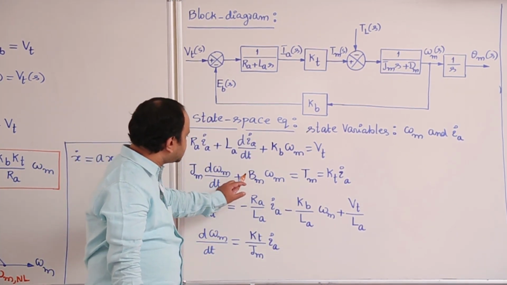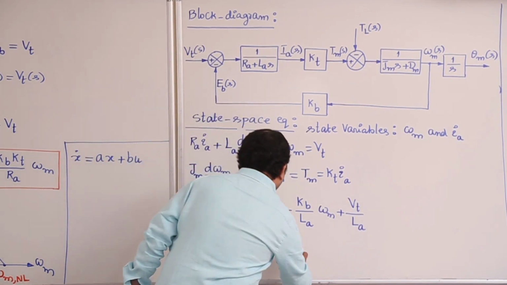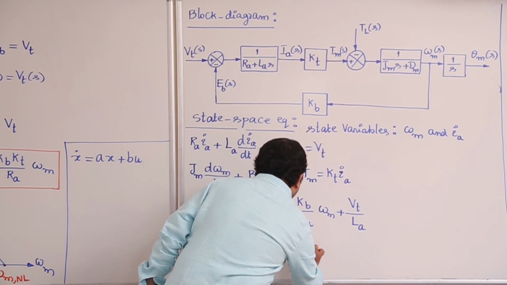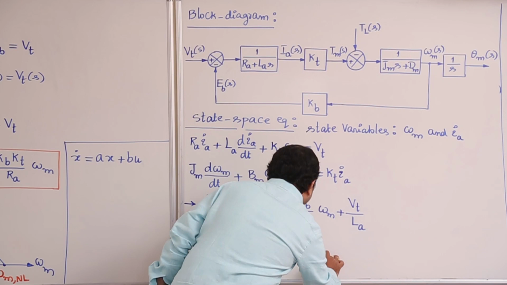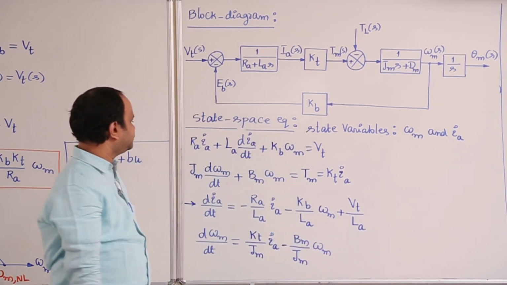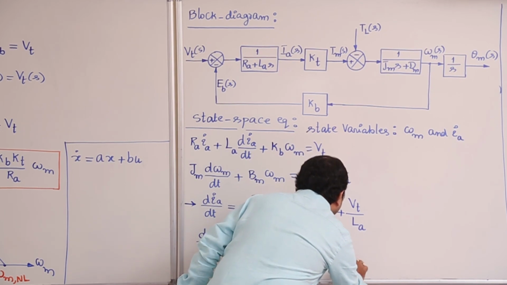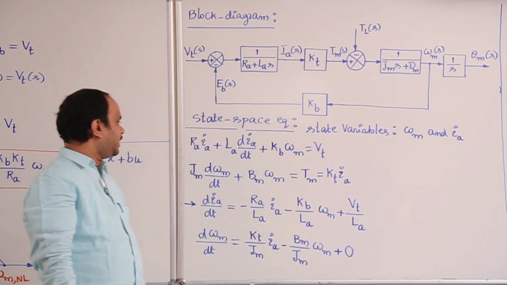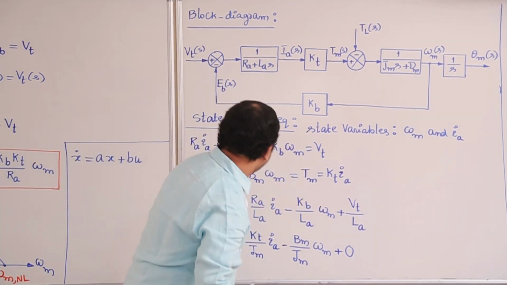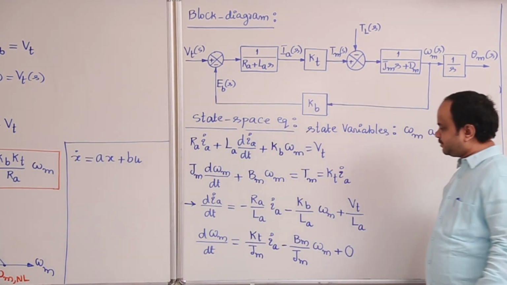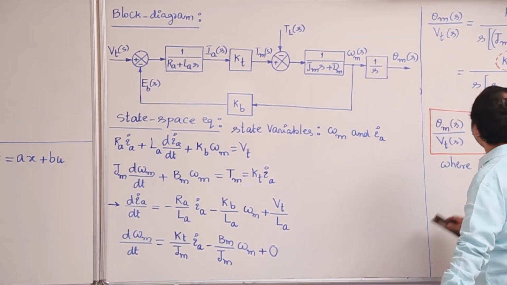Now I can pull the speed term to the right hand side, and we will get minus Bm divided by Jm into omega m, and there is no input term here, so simply we can write it as 0. Therefore, these equations can be arranged in matrix form. Let us see how it is.